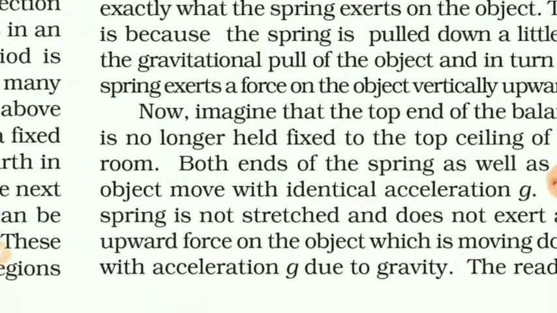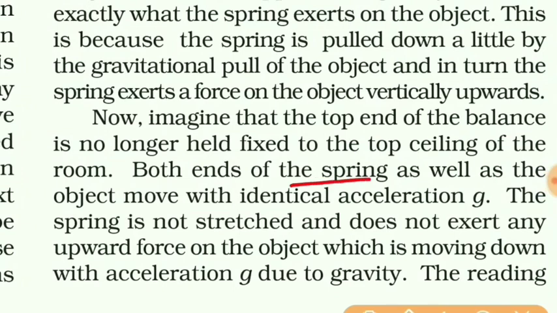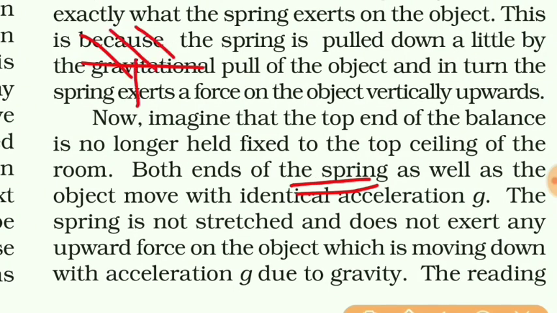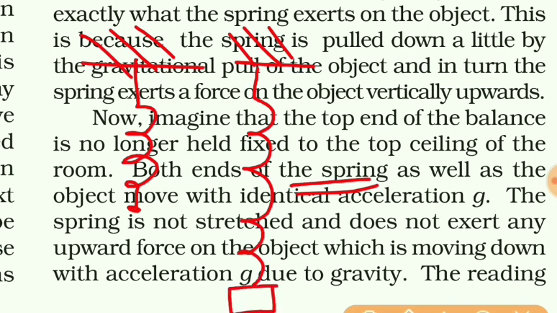Here an example is given for a spring also. Suppose an object is suspended with a spring. This is the normal condition of the spring. And now when the object is suspended by a spring, what will happen? The spring will get stretched.